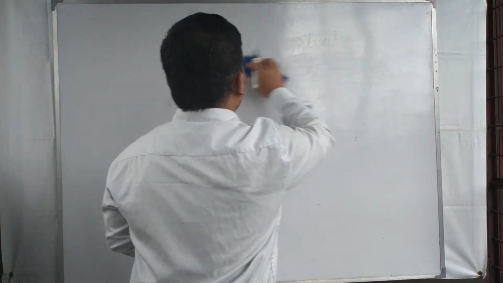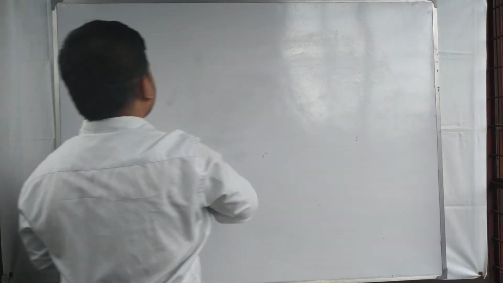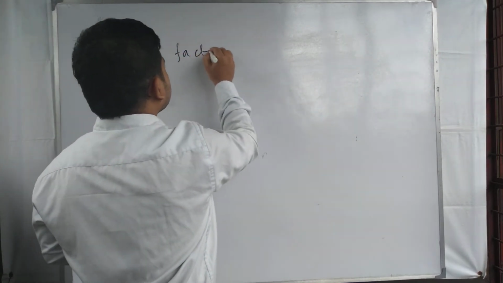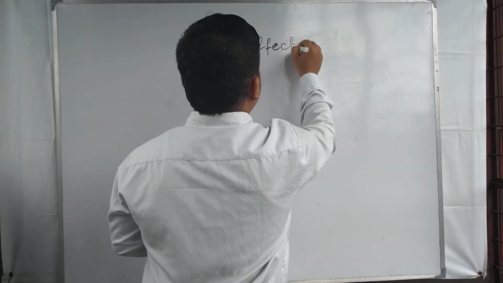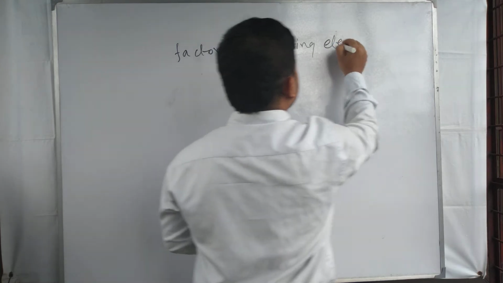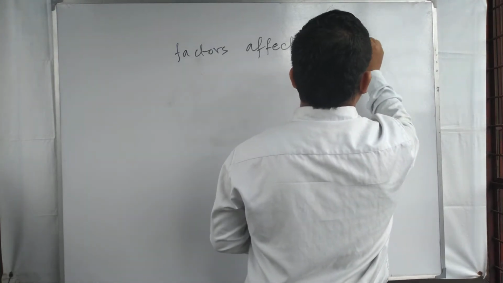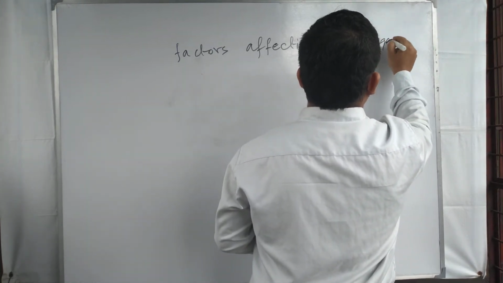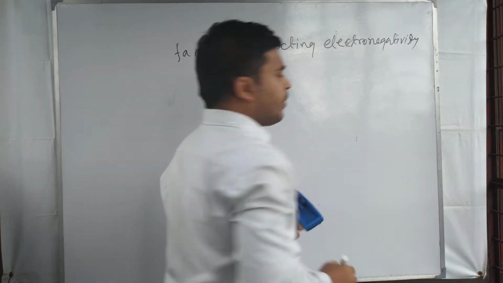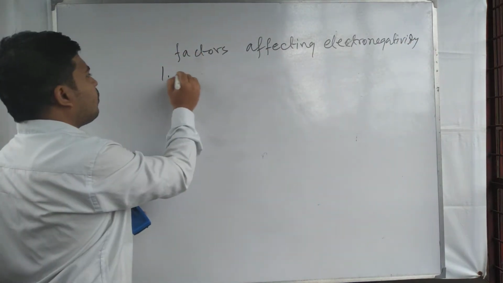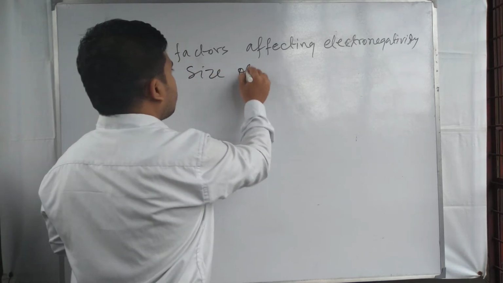Electronegativity value is affected by the size of the atom. The factors affecting electronegativity value: number one factor is the size of the atom.